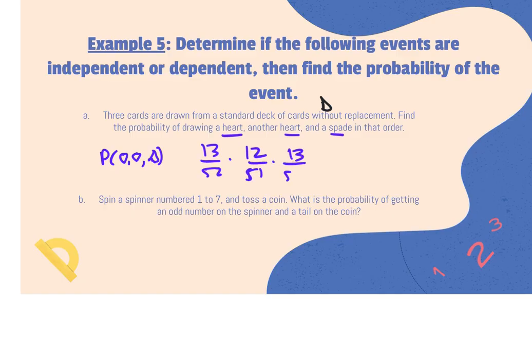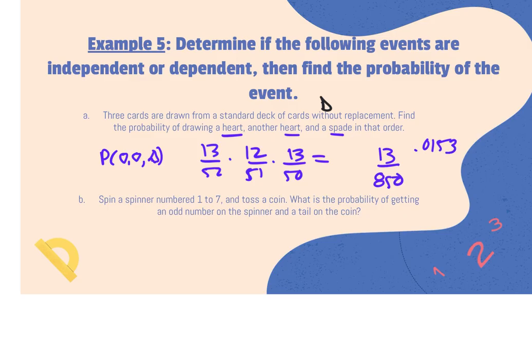And you got 13 out of 50. So the probability of doing that is going to be, let's see, 13 out of 850, or 0.0153.